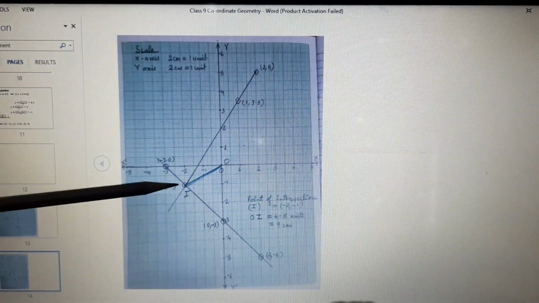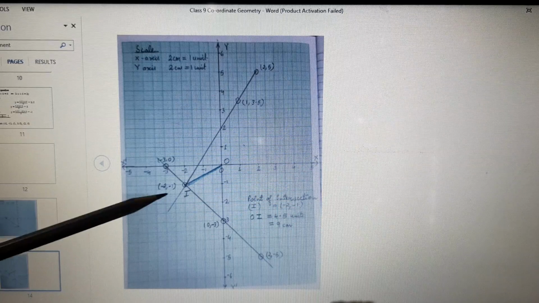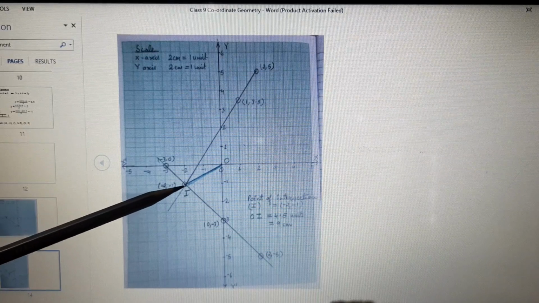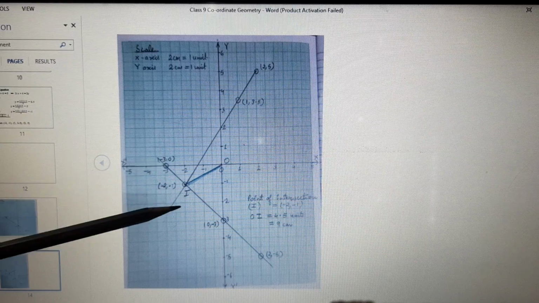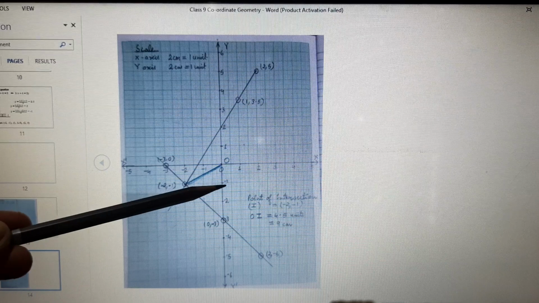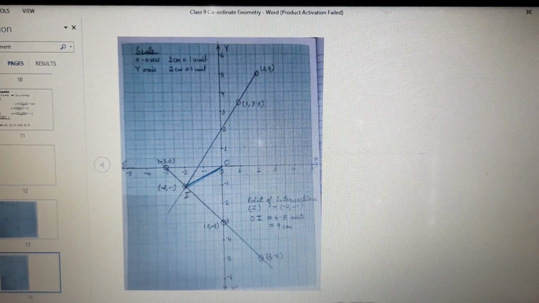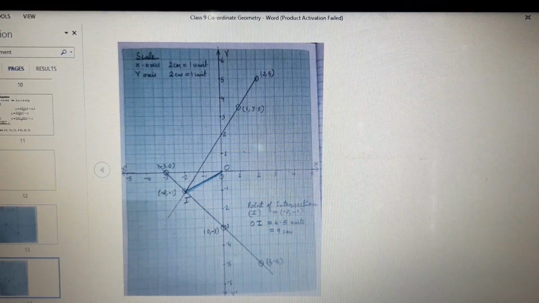They will intersect somewhere. If they are not intersecting, you need to extend the lines. Okay, here both the lines are intersecting at point I. The coordinates of point I, if you read, are -2 on the x-axis and -1 on the y-axis. So the intersection point becomes (-2, -1).